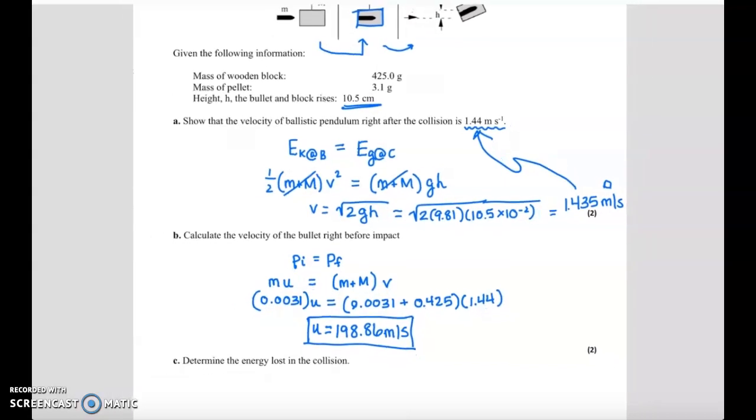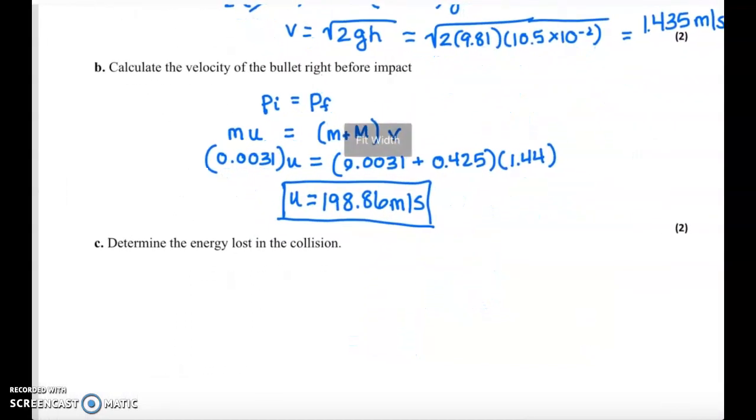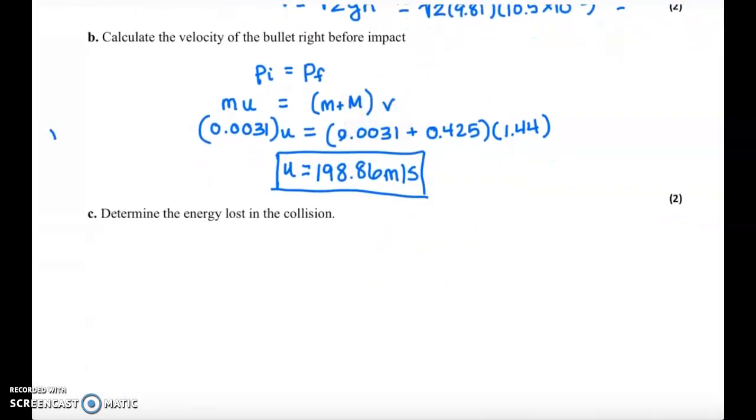Last but not least, part C says determine the energy lost in the collision. So again, this is reminding us this is an inelastic collision. Inelastic collision, momentum is conserved, but energy is not. So that means some of the energy in the system is going to be lost to the surroundings, things like heat, friction.